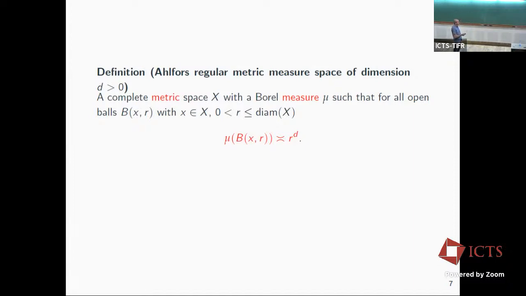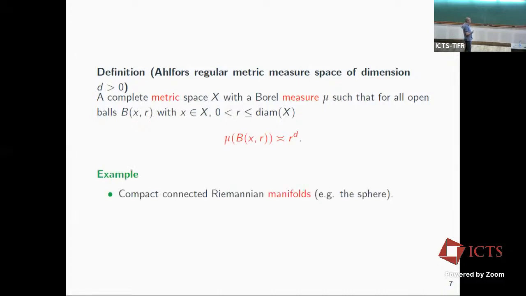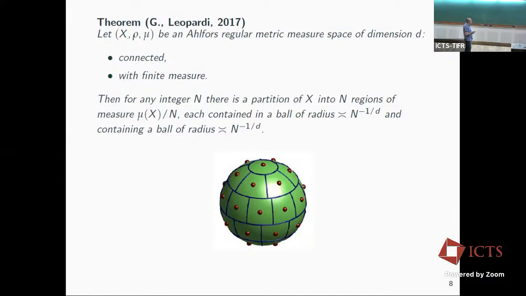So this is essentially all that we need if we want to prove this result. Of course, examples are the compact connected Riemannian manifolds like the sphere, and of course many others, but just to emphasize that this is the case in Riemannian manifolds.